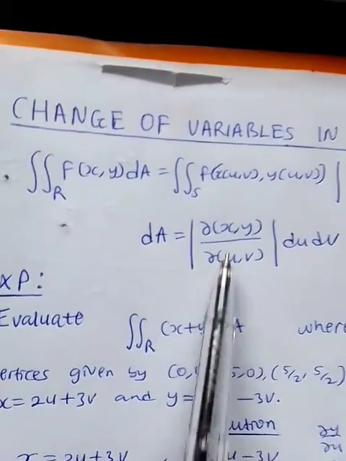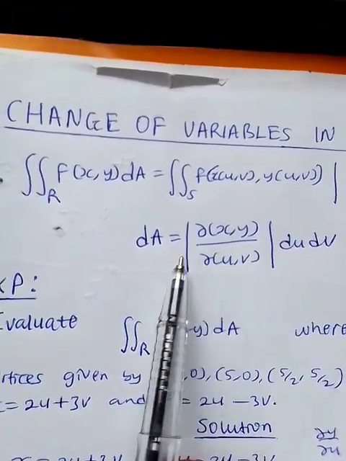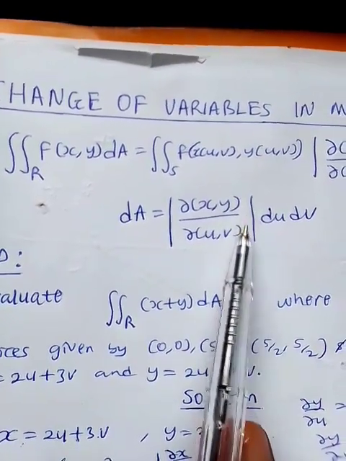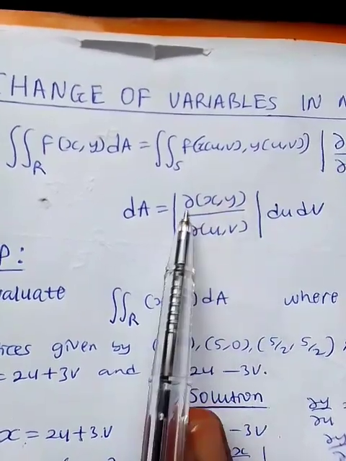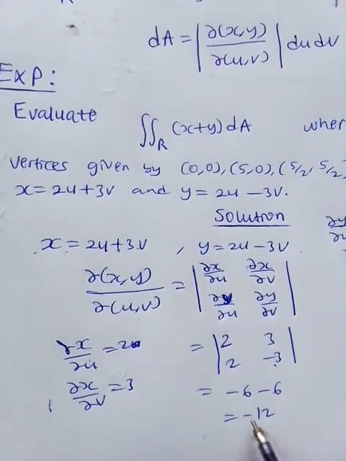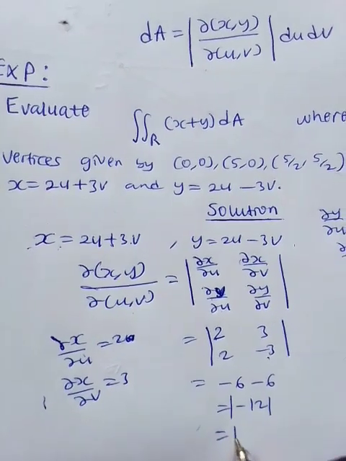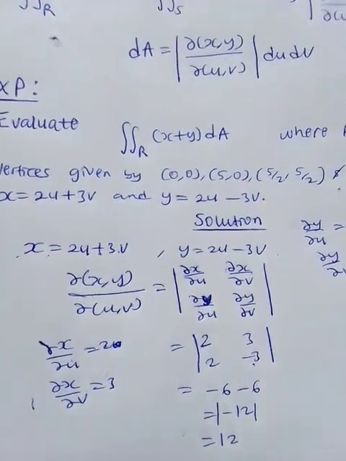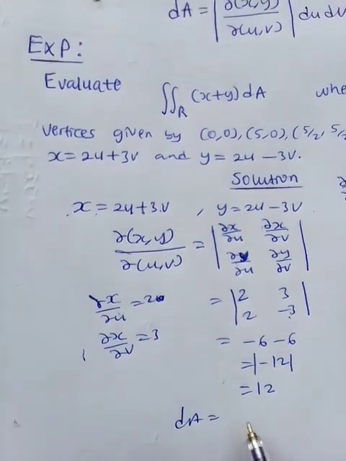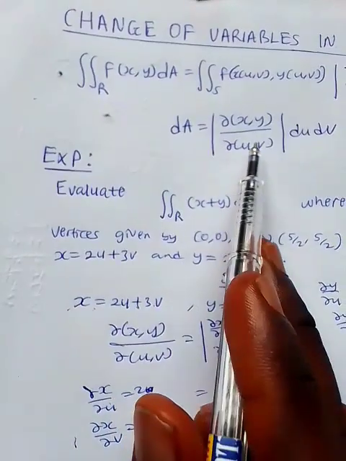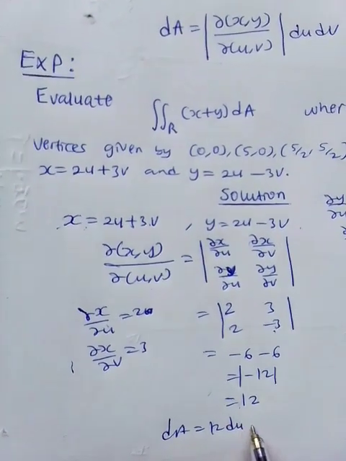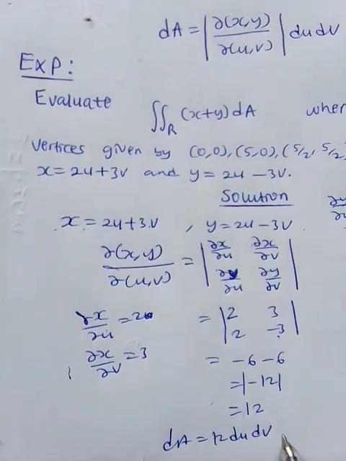But note that from here, this is simply the absolute value, not the determinant, just the absolute value. So we take the absolute value of our Jacobian. So we have 12. Therefore, our dA is just 12 du dv.